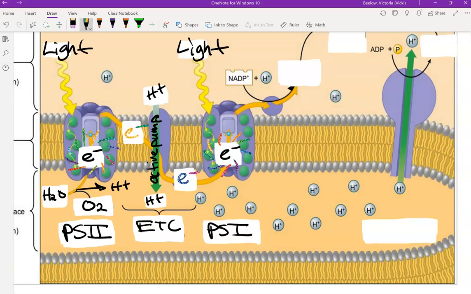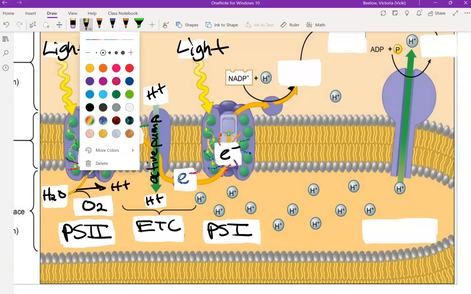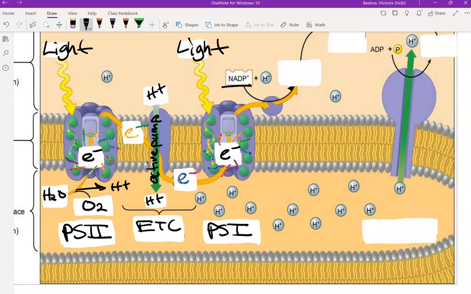And instead of doing another ETC with that active pump, they are going to be picked up by NADP+ and an H+. We combine those three things together to form NADPH, which is one of the things we were trying to make at the end of this reaction to use in the next set of reactions.